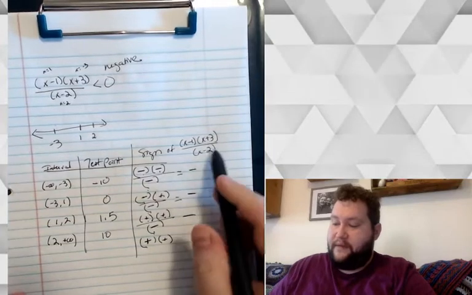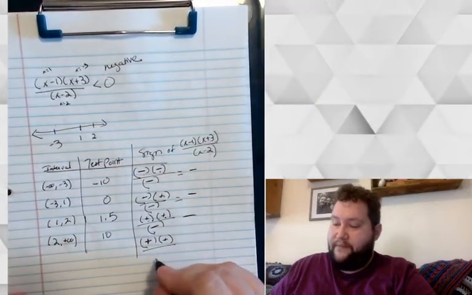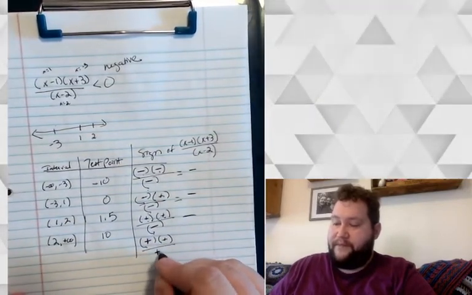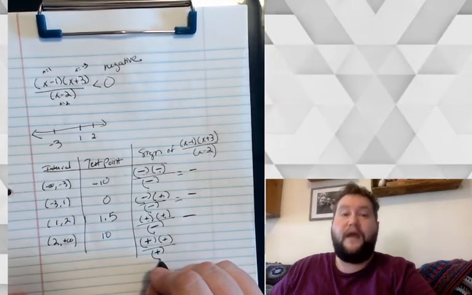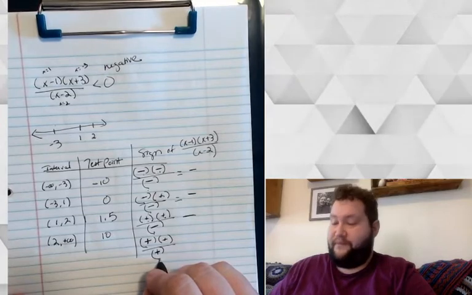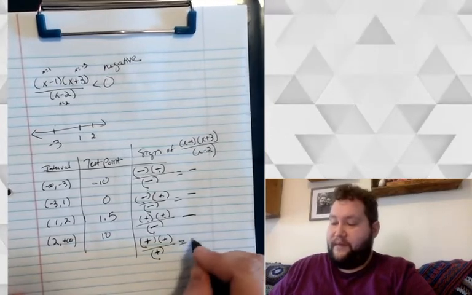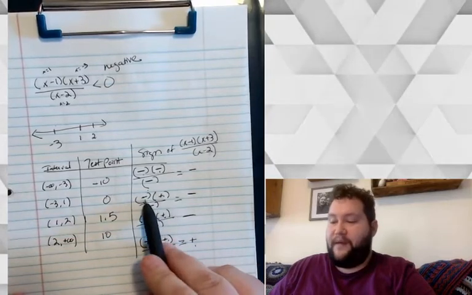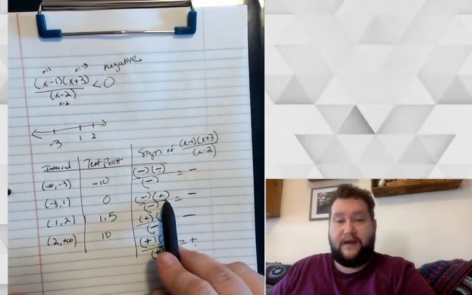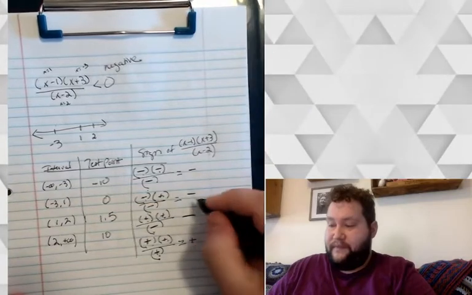And 10 minus 2 is 8, which is also positive. I noticed something, so let me finish that. Positive, positive, positive is positive. I said negative times a positive is negative, divided by a negative is positive.